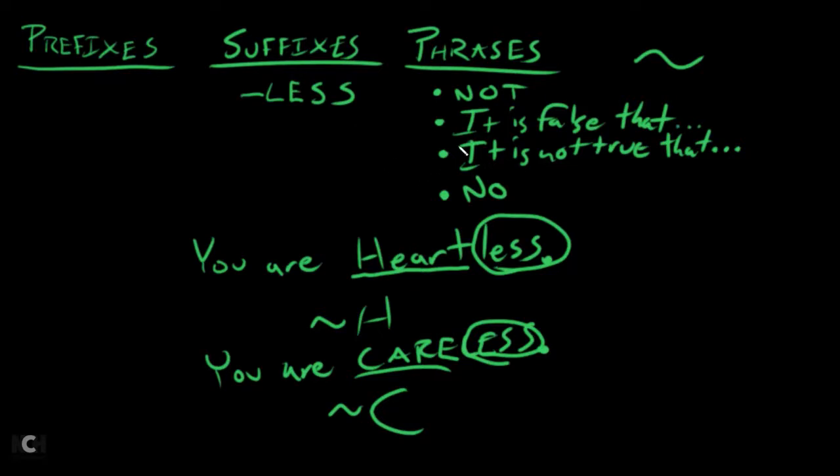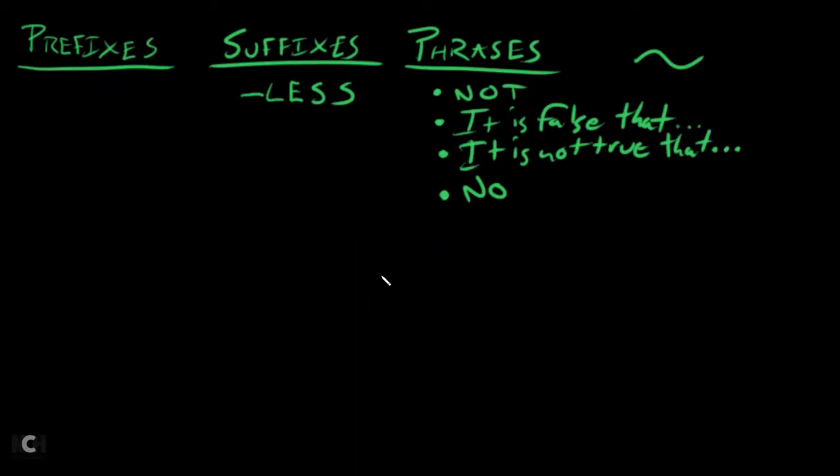There is another one that's kind of a suffix of sorts, but it's actually a contraction. Let's take a look at that one. In addition to the suffix less, we've also got these two that we can put. Sometimes we put just the word not on the end of a word, and sometimes the contraction. That one's technically a contraction. This one's not. It's not just not, it's not a contraction.